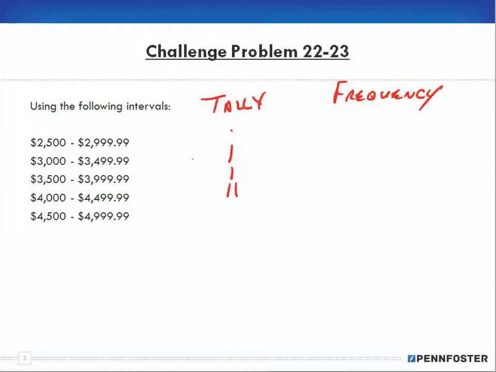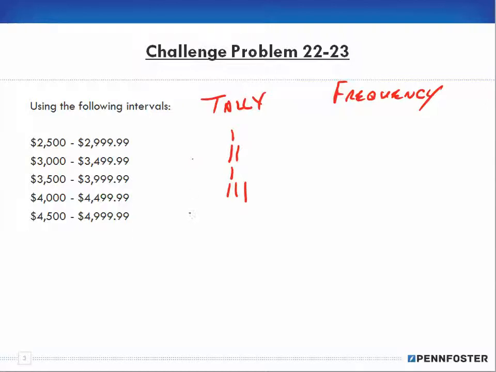2,765 would go between 2,500 and 3,000. Insurance agent of 3,2-something falls right here between the 3,000 and 3,500. Occupational therapist is 4,113, so that's just above 4,000.